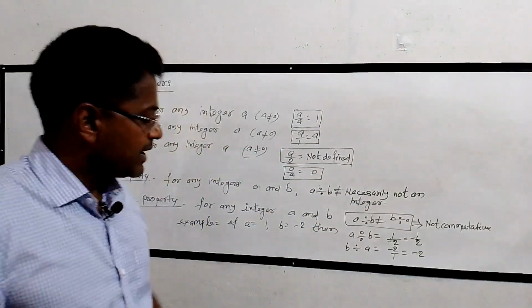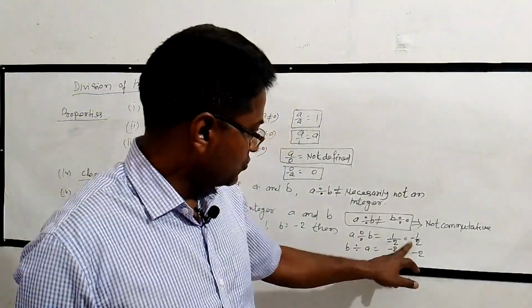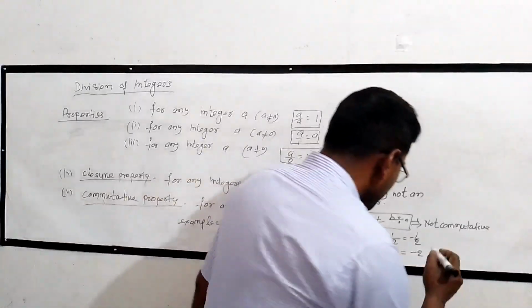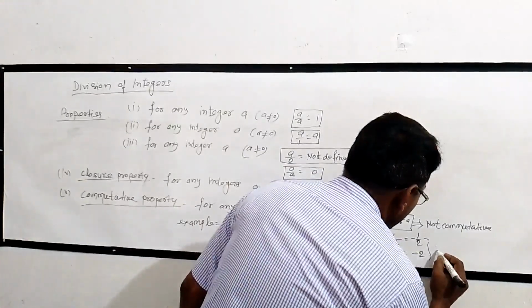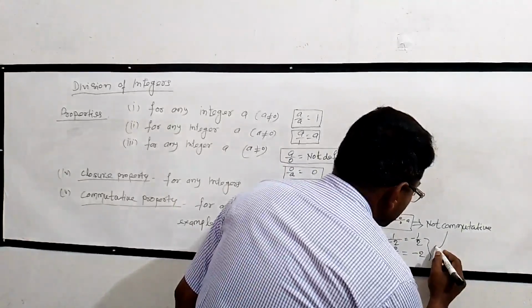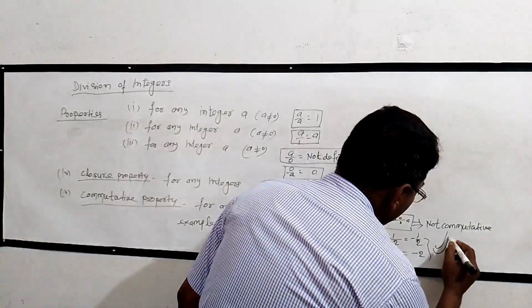So you are getting here that a by b is equal to minus 1 by 2, while b by a is equal to minus 2, showing the not commutative property of division.